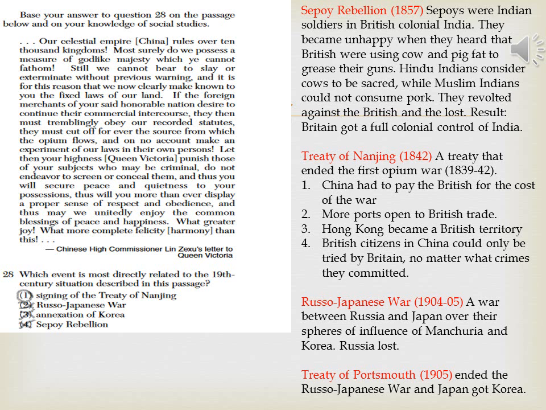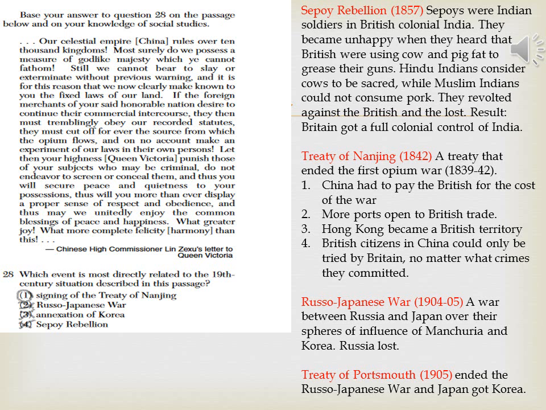If the foreign merchants of your said honorable nation desire to continue their commercial intercourse, they then must thrillingly obey our recorded statutes. They must cut off the source from which the opium flows, and on no account make an experiment of our laws in their own persons.